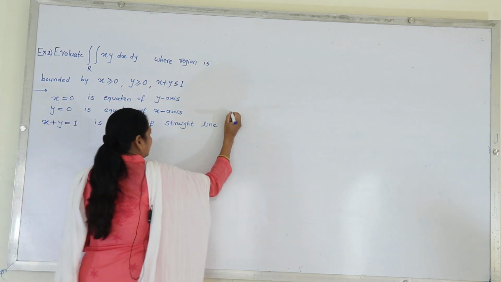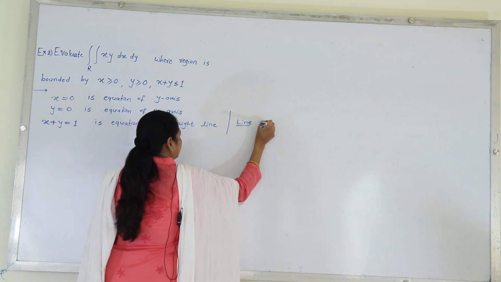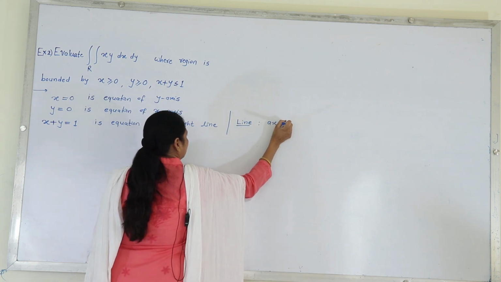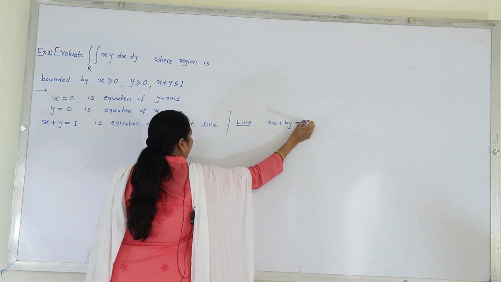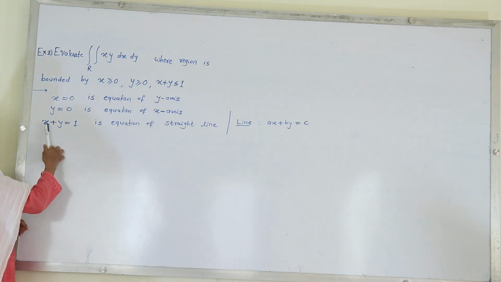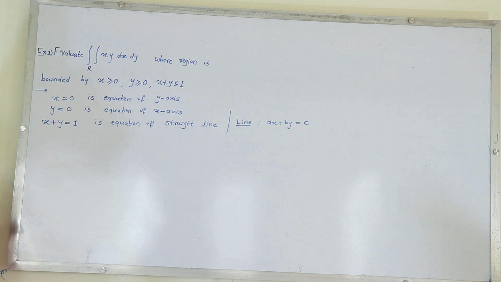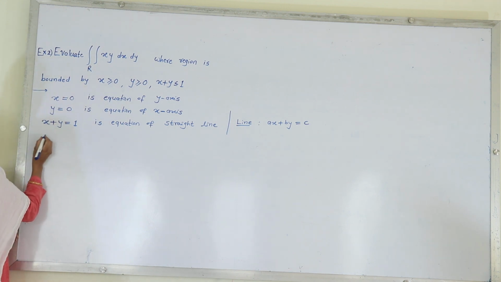Now we know the general equation of a line is given by ax plus by equal to c. From this, a, b and c are 1. This is the equation of a straight line. Now first we have to find the points of intersection between these three equations.